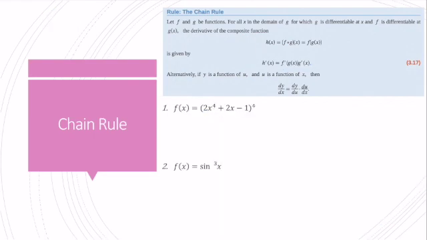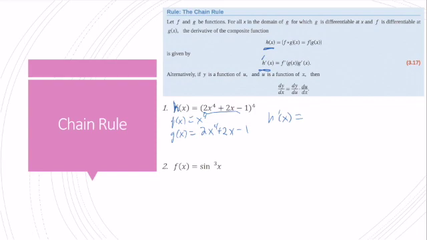Okay, another example. Here, my f of x, that outside function, is x to the 4th, and my g of x, that inside function, is 2x to the 4th plus 2x minus 1. So my derivative of h of x, which I am just calling h because it allows us to keep the notation correct, but calling it anything would be fine.